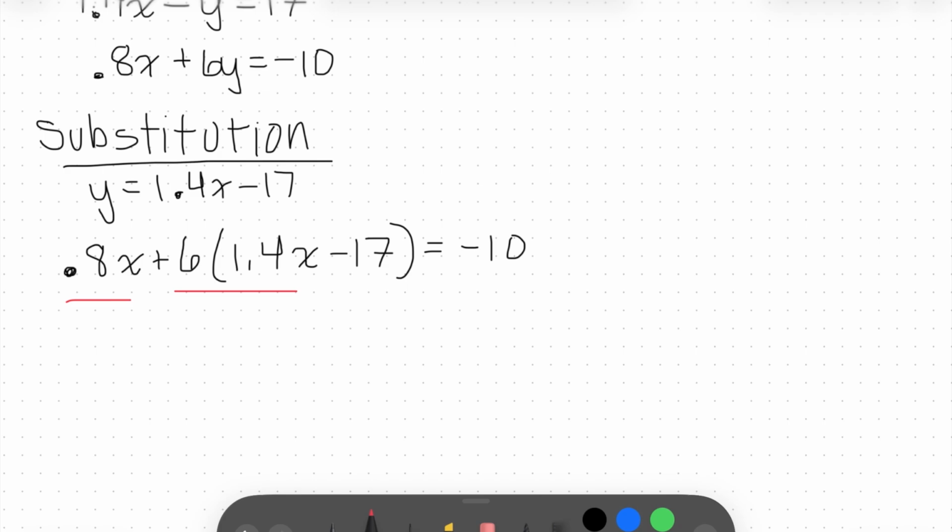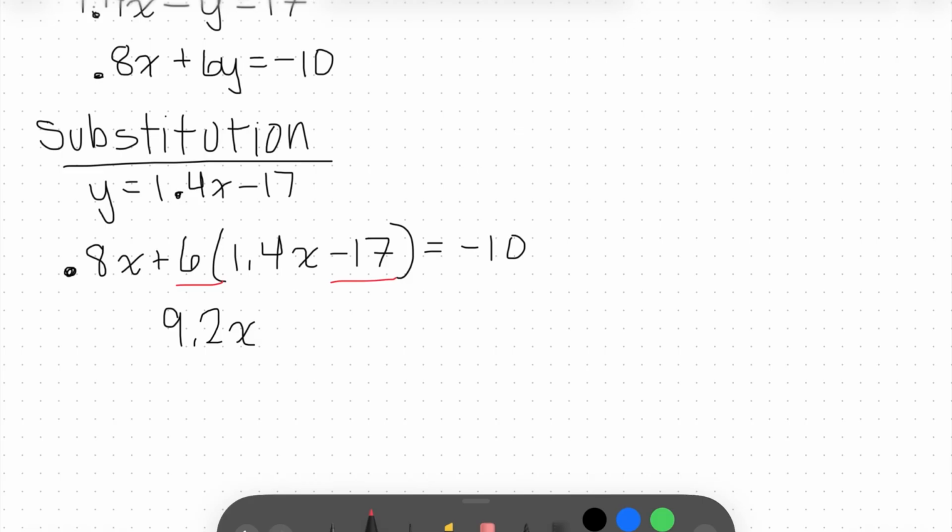So 8.4 plus 0.8, and that's going to get me to 9.2x. And then I had this 6 has to distribute to this minus 17 as well.